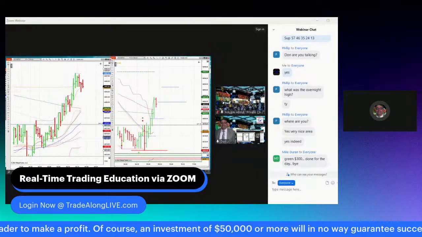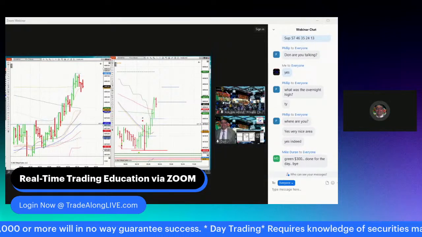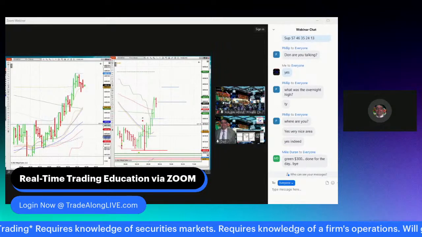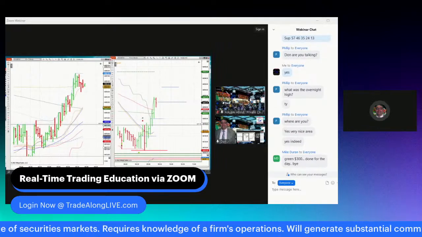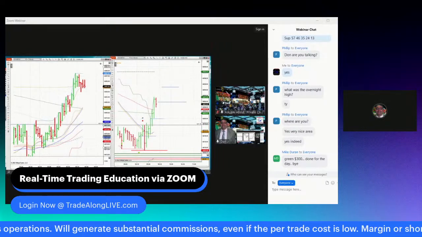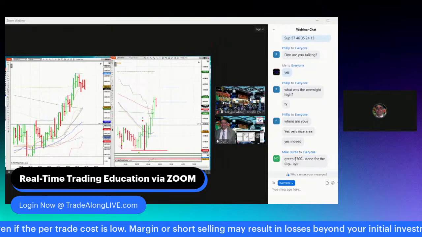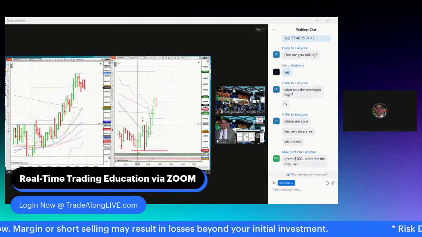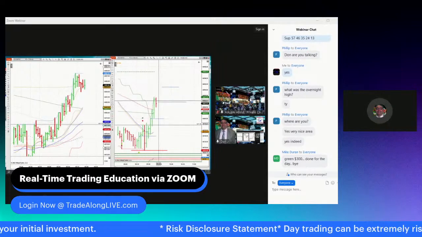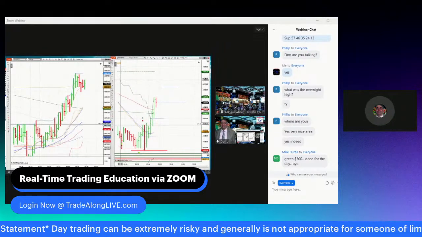Nah, not until, as you can see on the 5-minute chart that I've got up there, as we bounce off of our pivot, come up into there, come up into there, come up into there, we're working the levels pretty well straight up.